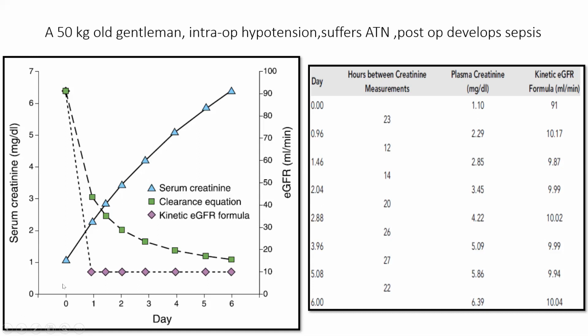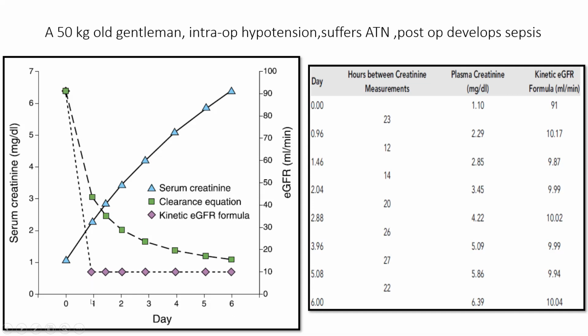So as we can see on the post-operative day, when he suffered hypotension and had a renal injury, the serum creatinine kept on rising not only because of the intraoperative hypotension, but also because of the post-operative sepsis. Here, as the creatinine is increasing, the creatinine clearance calculated, in the green boxes, is lagging behind as compared to the kinetic eGFR formula.